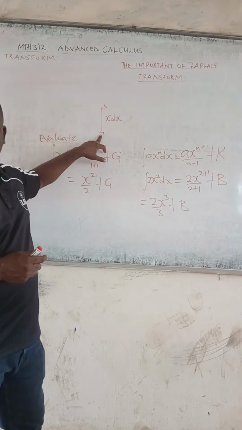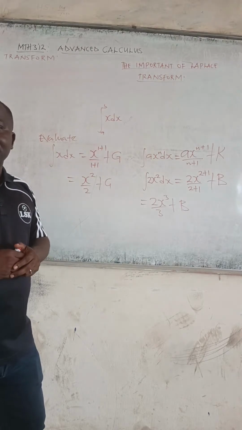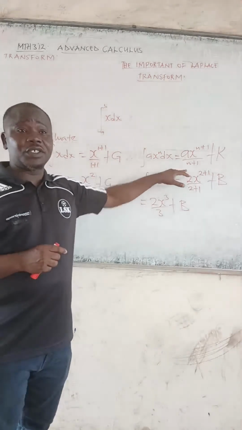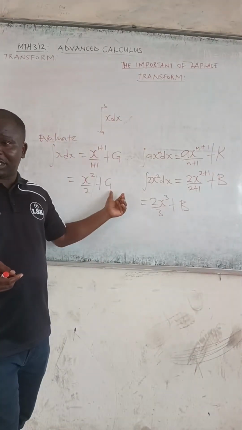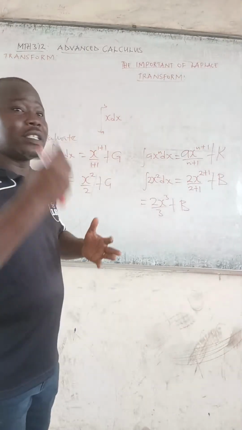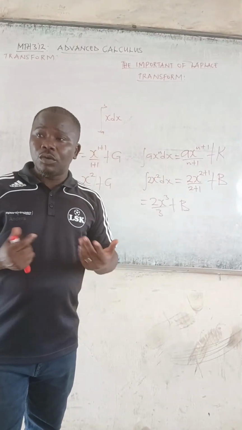We call this one the lower limit. We call this one the upper limit. So that's why with indefinite integrals, you integrate to obtain a constant. Look at the constant. Can you see now? With the definite integrals, you integrate to obtain values. Is that clear?